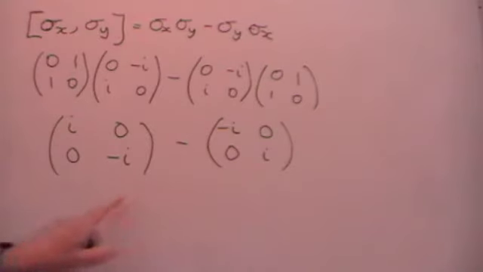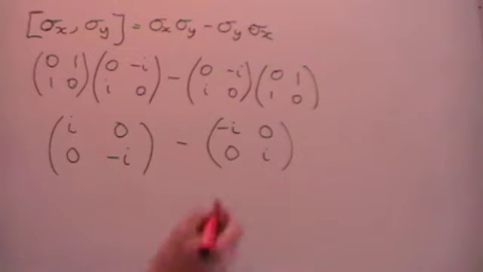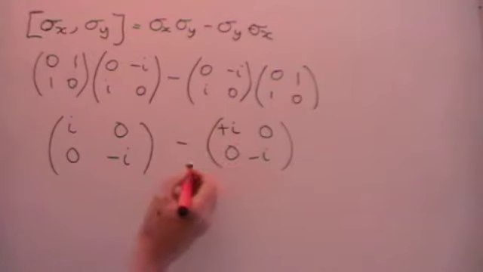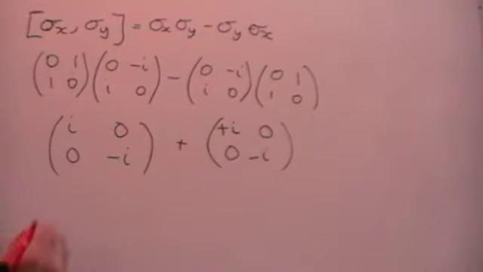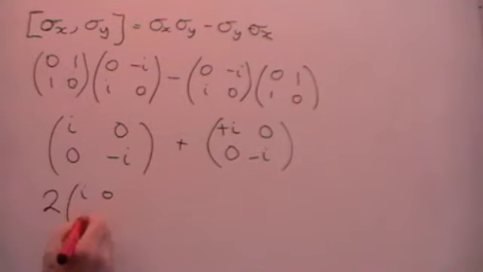Once again, these two matrices are not the same, but they can be made the same just by simply multiplying by minus 1 inside and outside. So if you multiply by minus 1 inside and outside, you get that. And this is now simply 2 times i, 0, 0, minus i. Now let me multiply inside by minus i and divide outside by minus i.